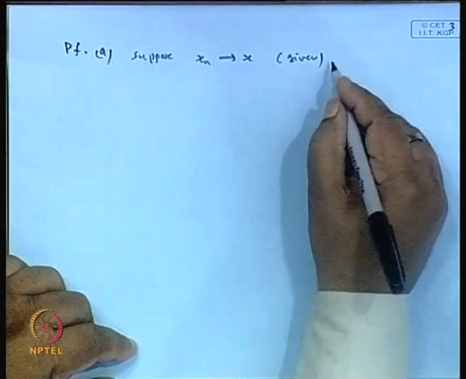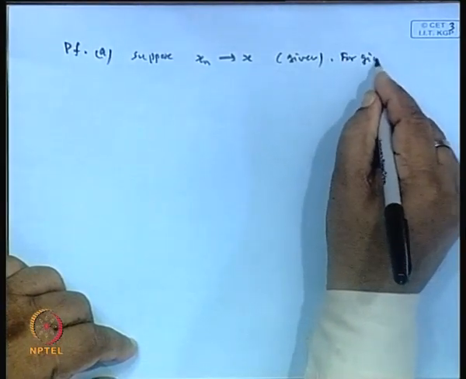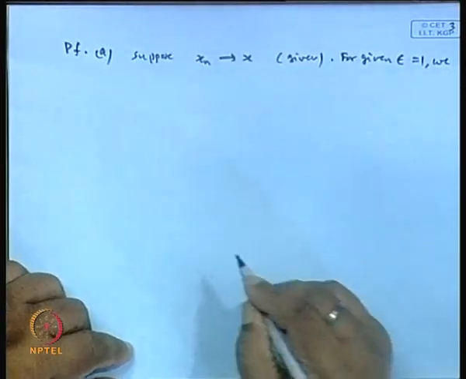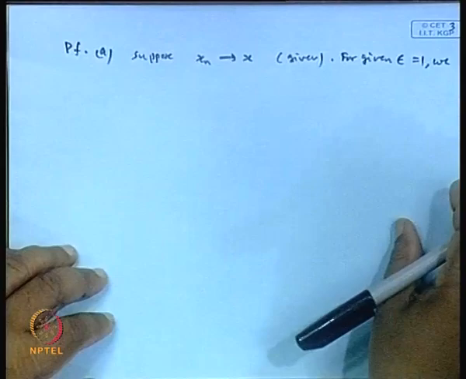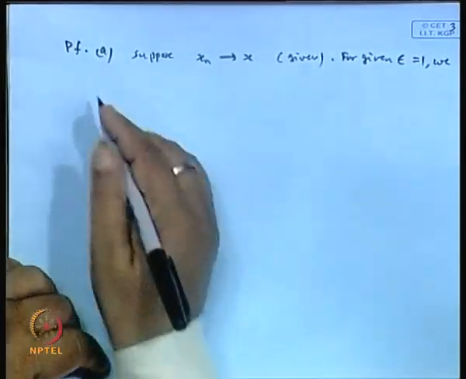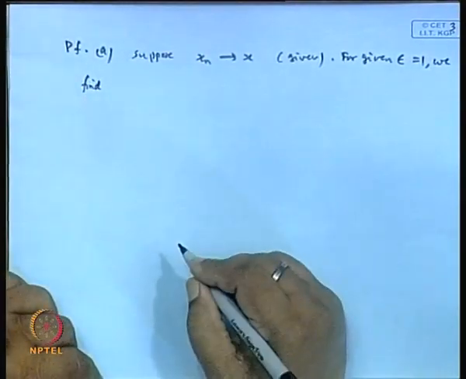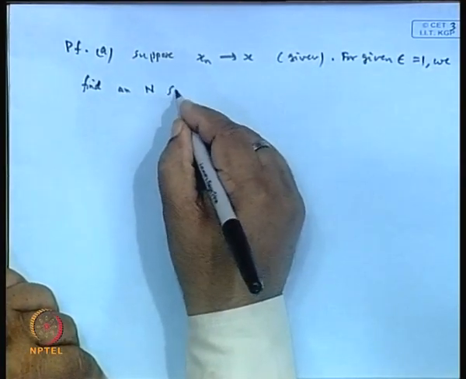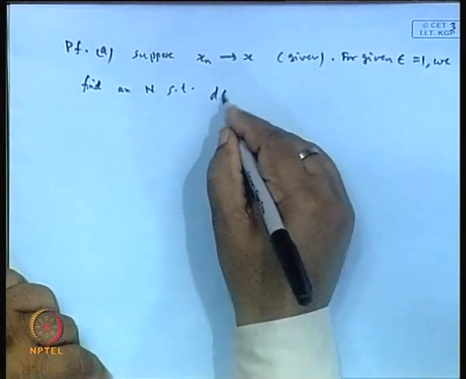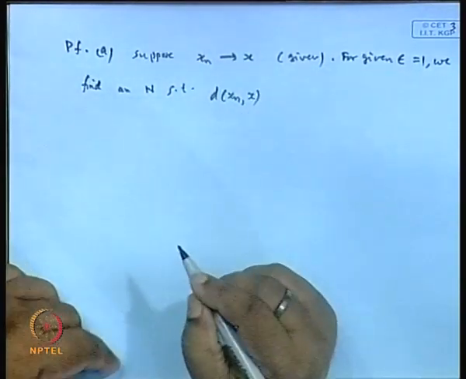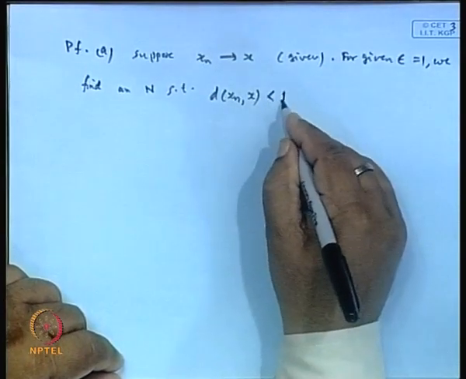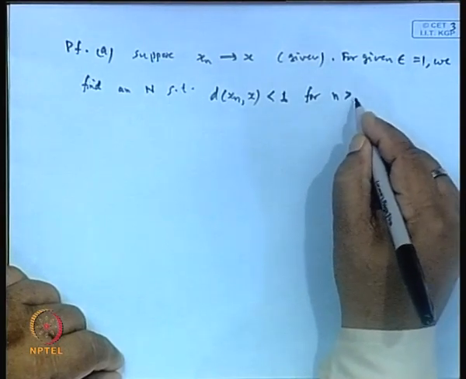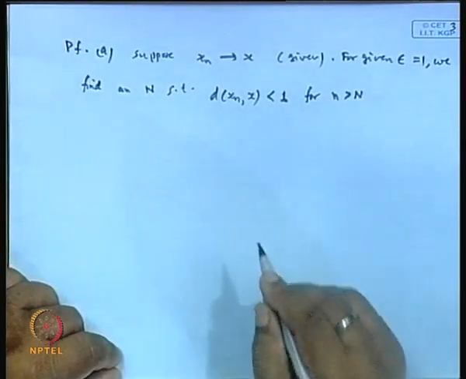So, by definition of convergence, for a given epsilon, say 1, we can find an integer N such that the distance between x_n and x can be made less than epsilon, that is 1, for all n greater than capital N.